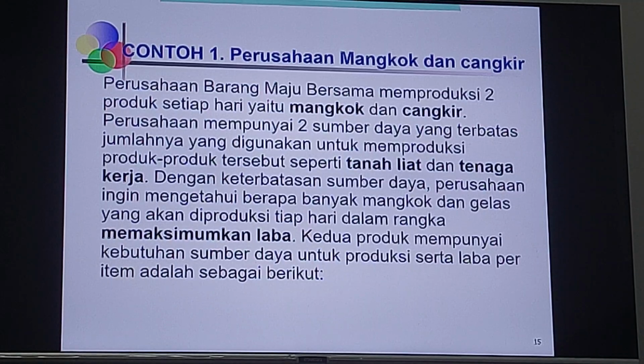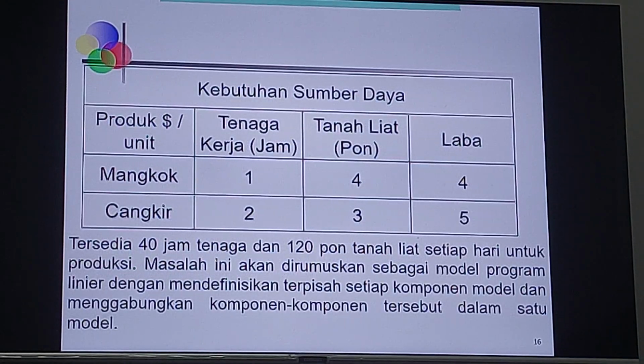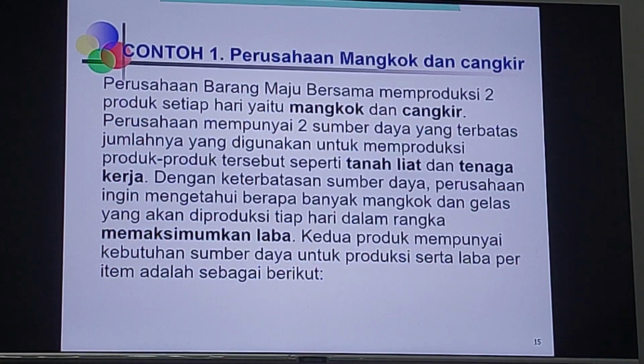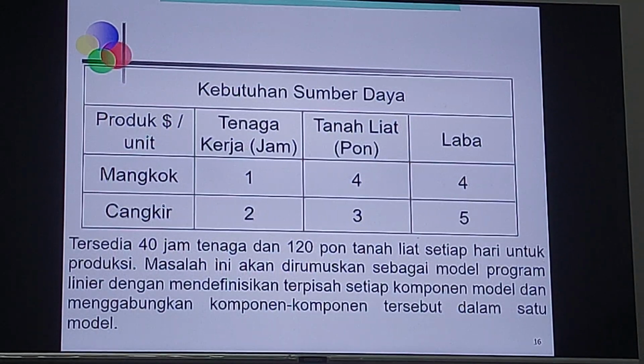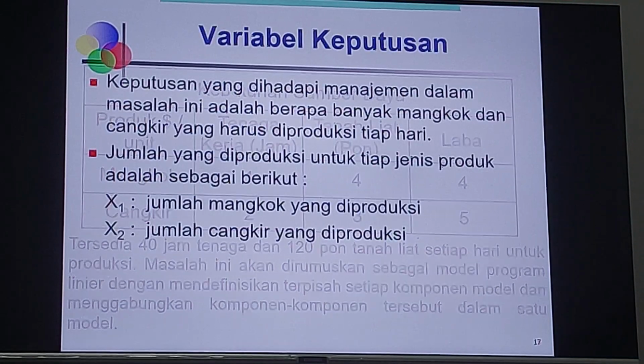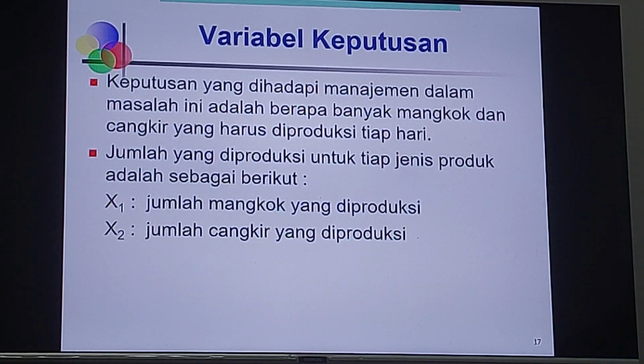So the question is, they want to maximize profit. The first thing we need to do for modeling is, the goal is x1, the cup is x2. Then we find how we can use these variables to get our goal, maximize profit.